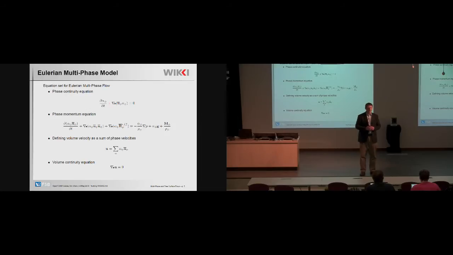If you have a realistic situation where there are several droplet sizes present at the same time, then my volumetric equation is no longer enough. I have to have a description of the distribution of droplet sizes, plus I need some terms called breakup and coalescence terms, which tell me what happens when two droplets are close to each other or when the big droplets break up into smaller ones.